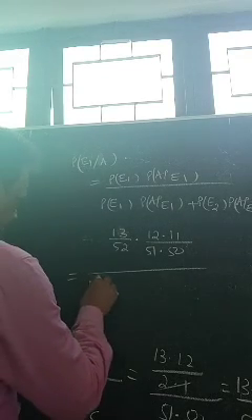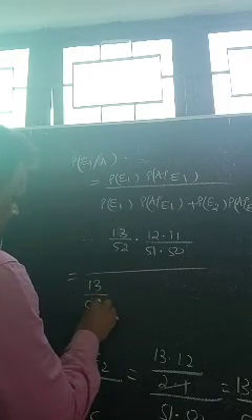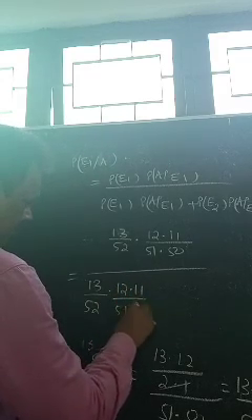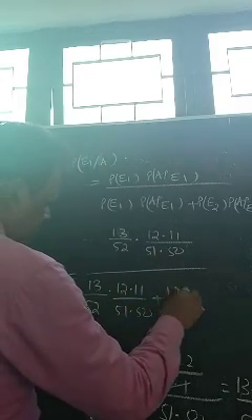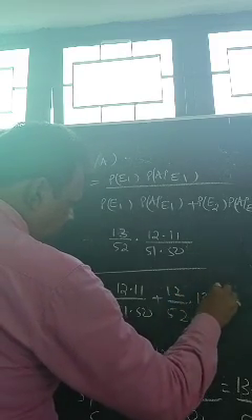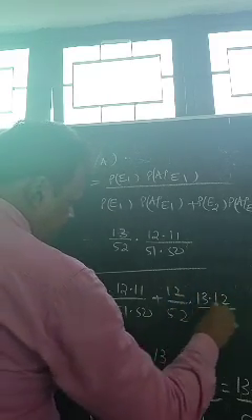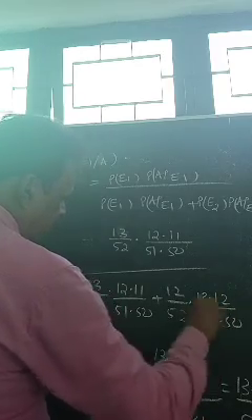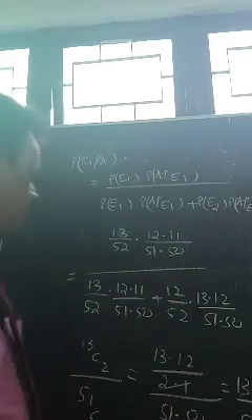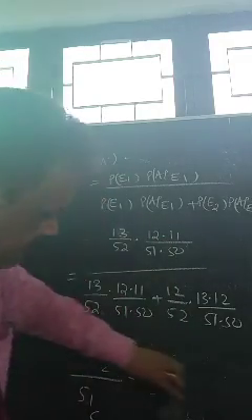We have 13 by 52, 12 into 11 by 51 into 50, plus 39 by 52, 13 into 12 by 51 into 50. Why did I not cancel? It is easy to take the LCM. So what will be the LCM? Look at here.